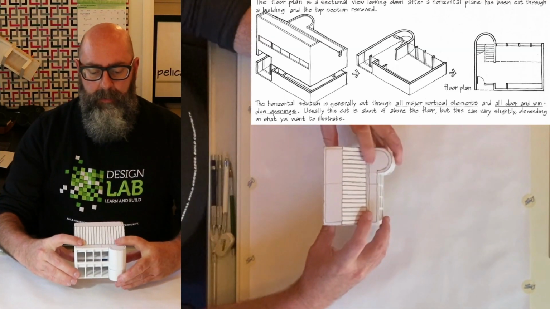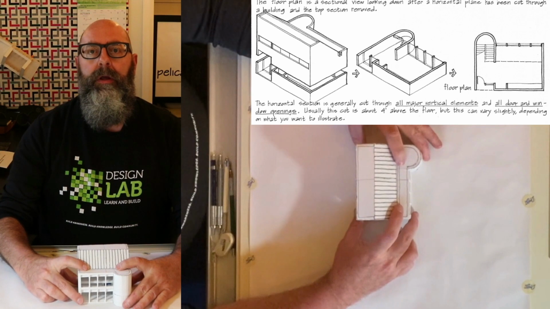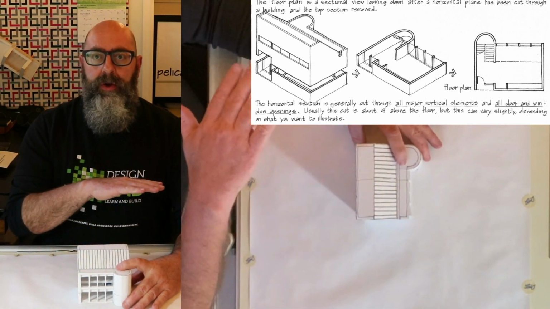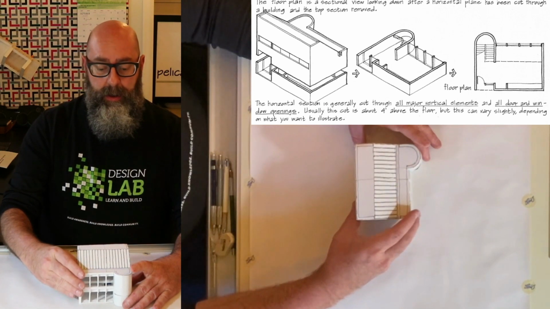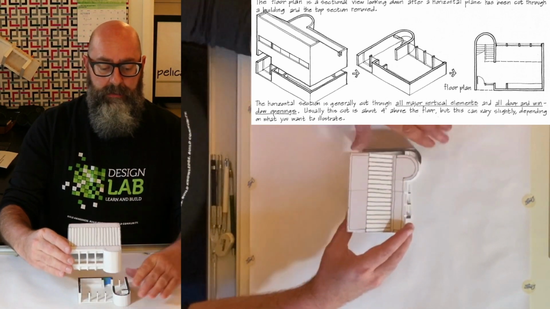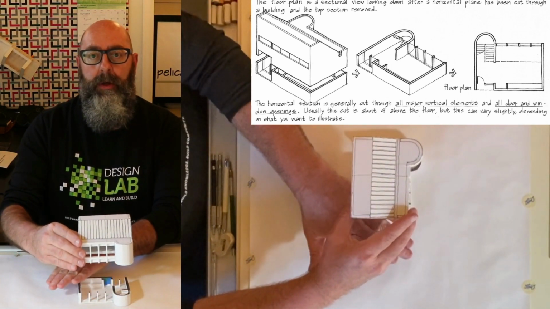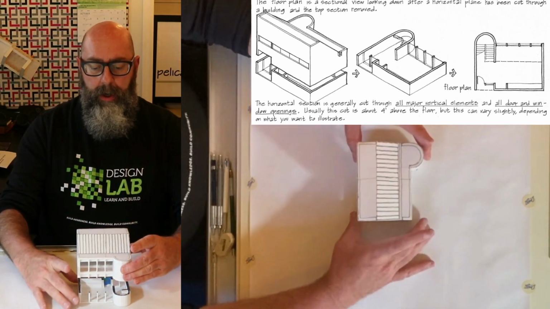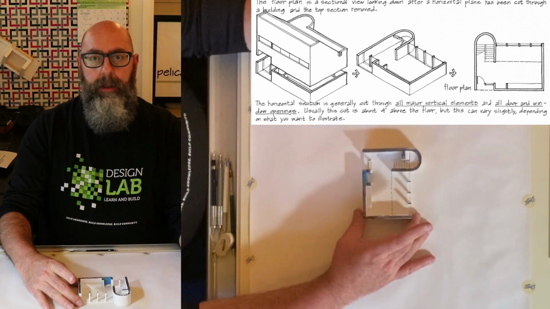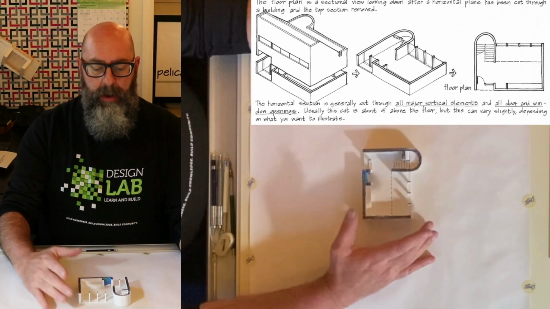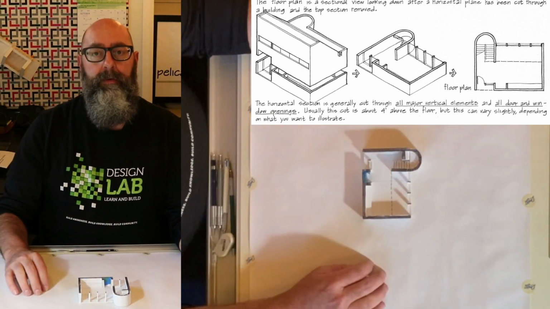So the plan view is when you take a building and you cut through it, right down through the middle. And then when you cut through that building, you simply lift away the top, and what you're looking at is the plan view.